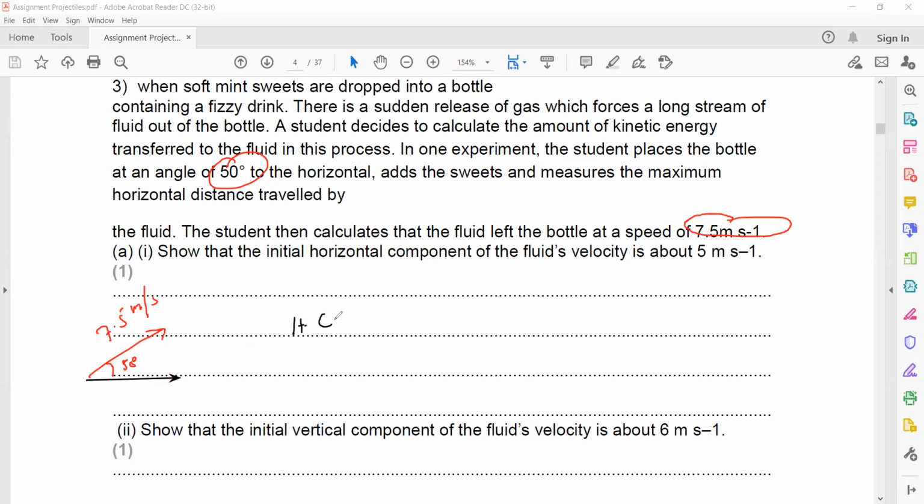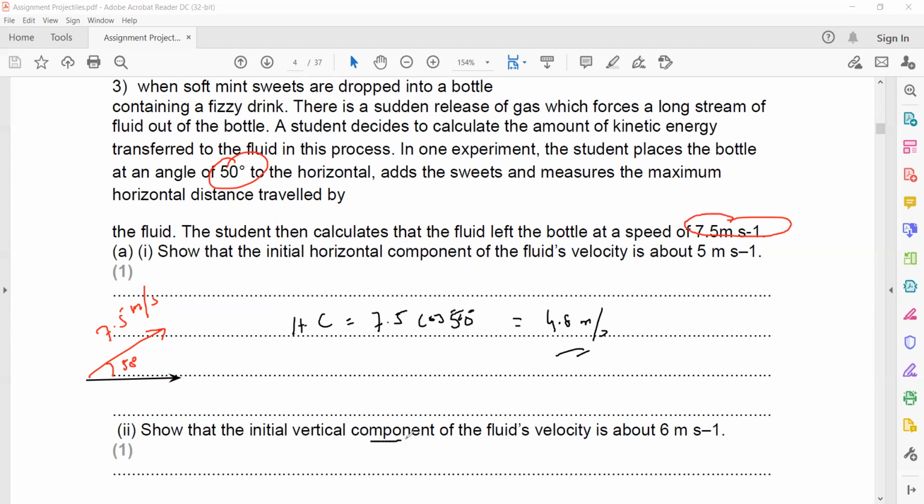So the horizontal component will be equal to 7.5 cos 50. That will be equal to 4.8 meters per second. That's the horizontal speed of the fluid as it comes out.